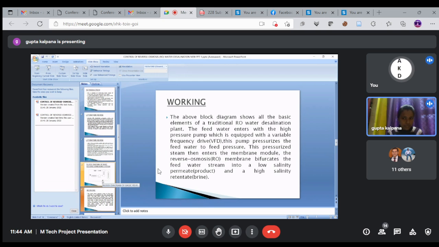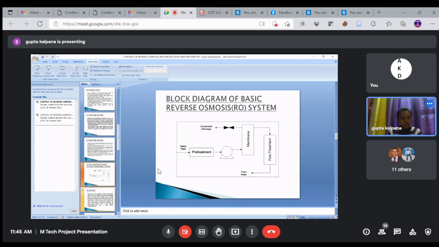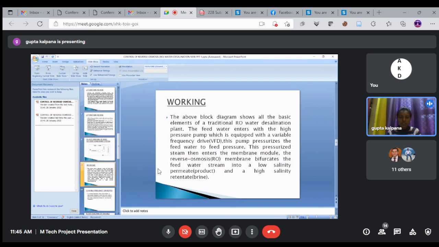The feed water enters the high pressure pump, which is equipped with a variable frequency drive. This pump pressurizes the feed water to feed pressure. The pressurized stream then enters the membrane module. The reverse osmosis membrane bifurcates the feed water stream into a low salinity permeate and a high salinity retentate.